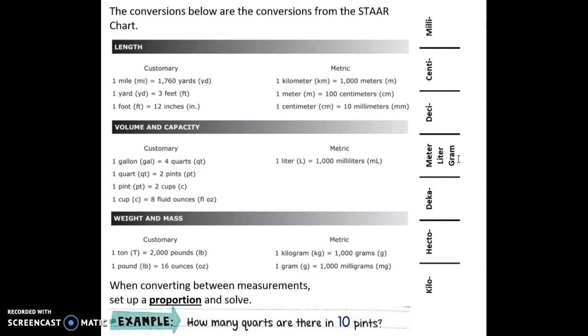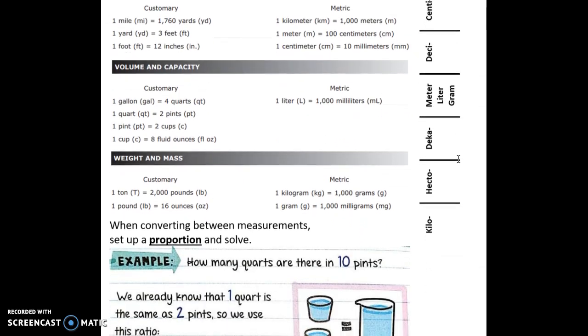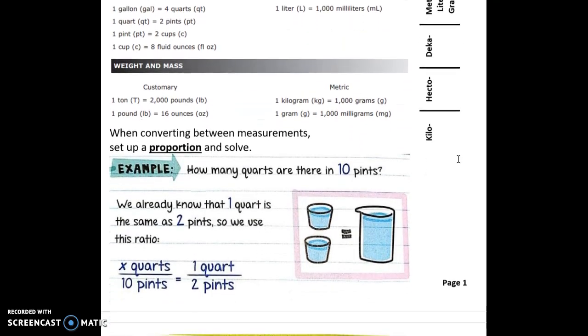Alright, so when converting between measurements, you can set up a proportion to solve this. Let's see what that would look like. Our example says, how many quarts are there in 10 pints? We already know that 1 quart is the same as 2 pints. If you look up here in your customary conversions, we have 1 quart equals 2 pints.